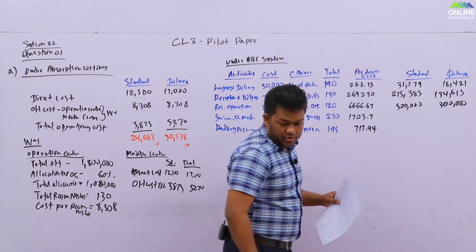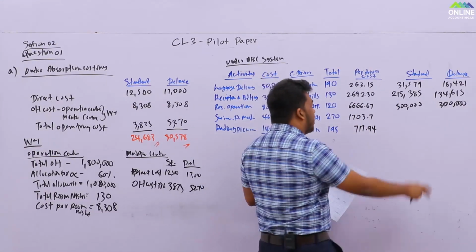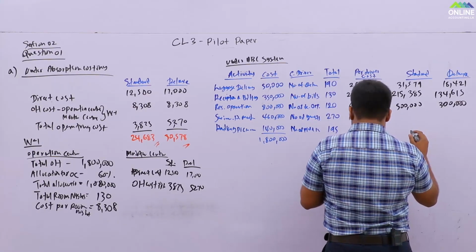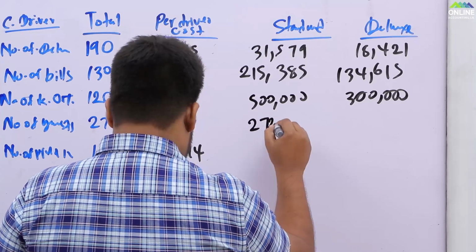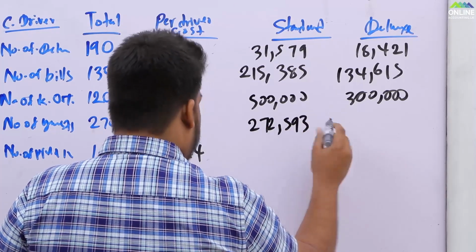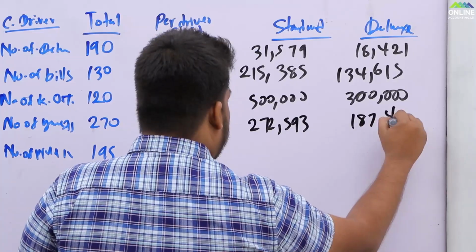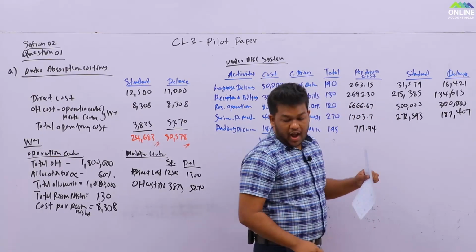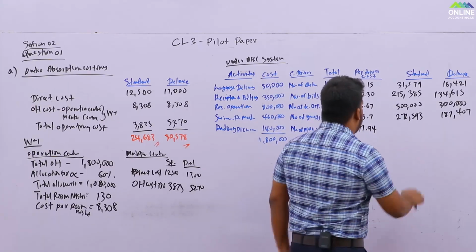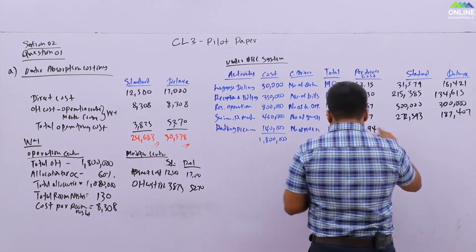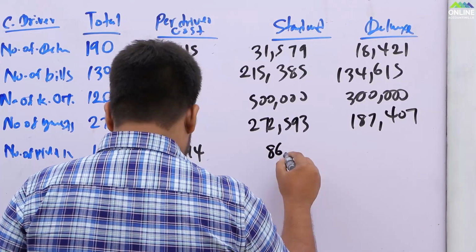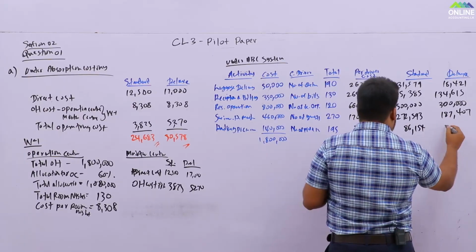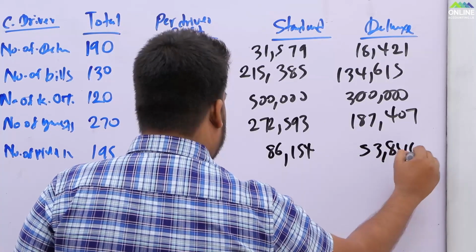And this into 160 and 110. Here 160, here 110. So this into 160, answer is 272,593. Then 187,407. And this into 120 and 75: into 120 is 86,154, and into 75 is 53,846.